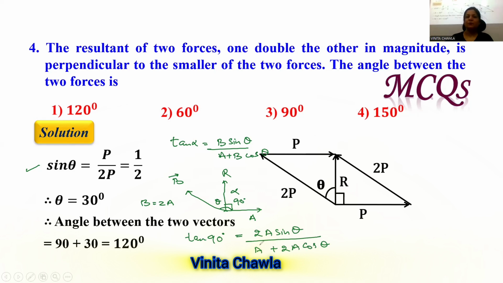ठीक है. What is tan 90 degree? Tan 90 degree is not defined, infinite.